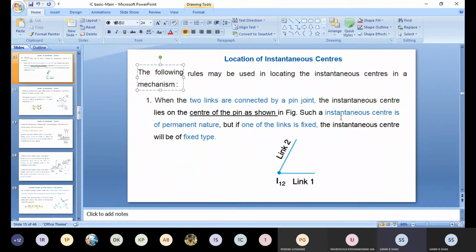If you see the figure, then the instantaneous center is of a permanent nature. But if any one of the links is fixed, then the instantaneous center will be of fixed type.